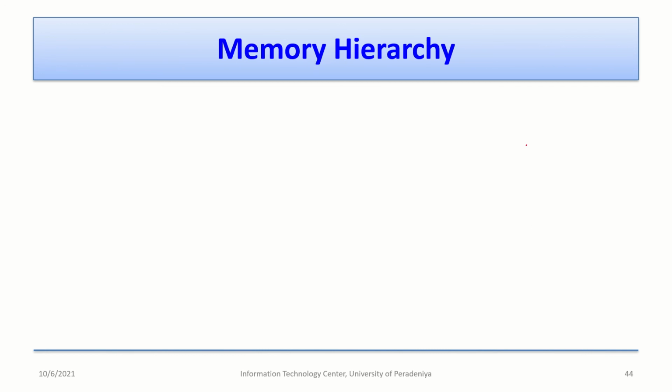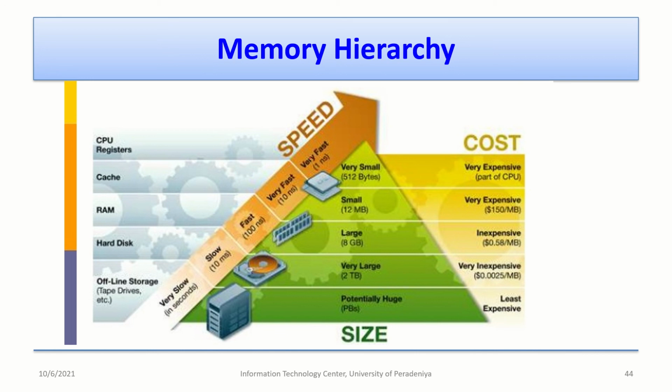And then the next one is the memory hierarchy. So this is the memory hierarchy, right? At the bottom of the hierarchy we have offline storage, and next to that we have a hard disk, right? And then we have RAM, right? And then we have cache, also a memory storage in our processor, the central processing unit.